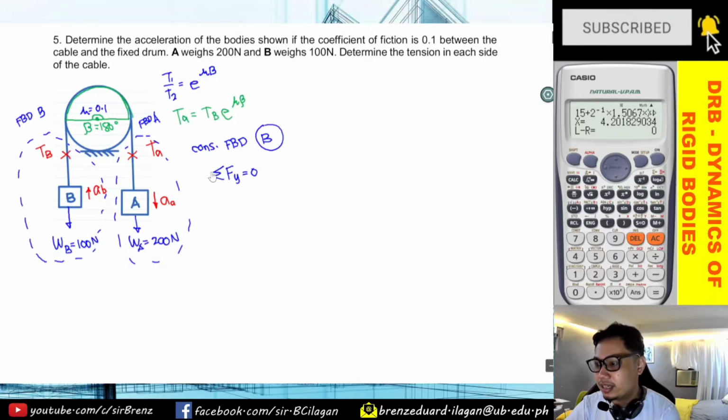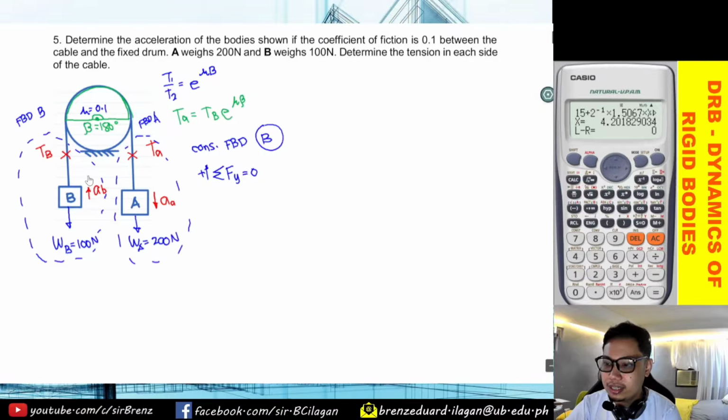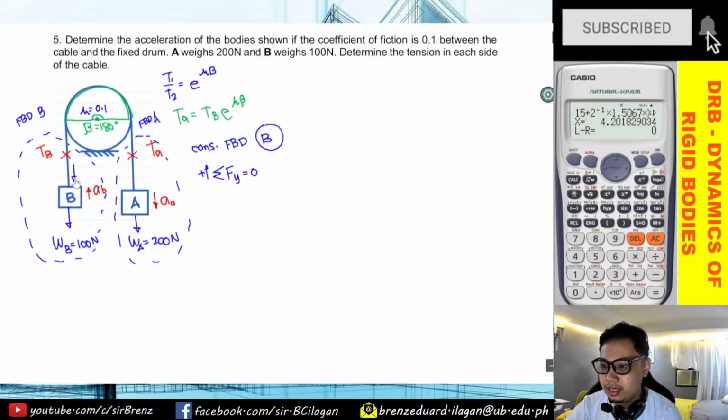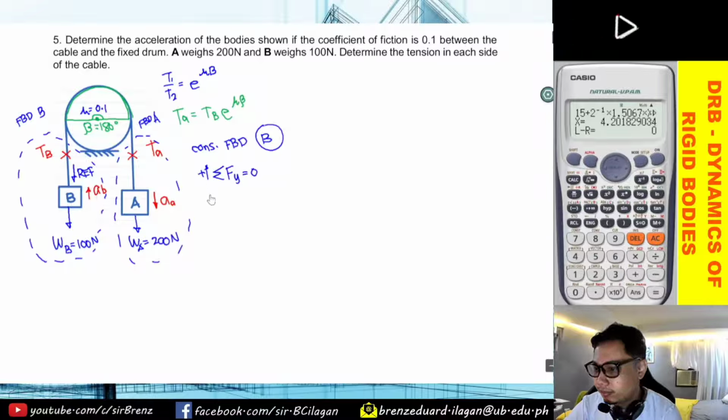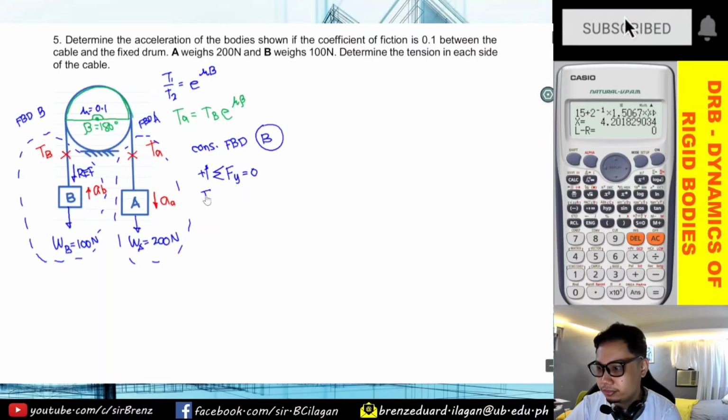So wala namang in X direction yan, assuming upward direction as positive. So if pataas yung motion or yung acceleration mo, so the reverse effective force of block B is downward. Tama? Ayan. So, ba't natin kinonsider yung REF? Kasi dito na nga papasok yung dynamic equilibrium. So, pataas is positive. So, we have tension B.